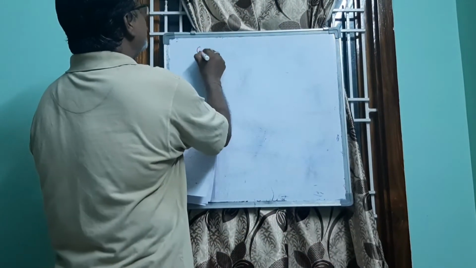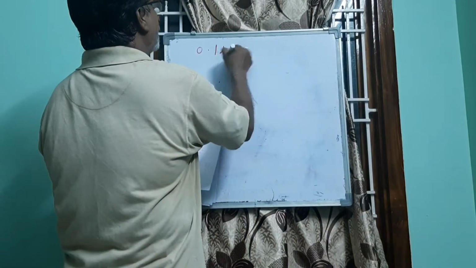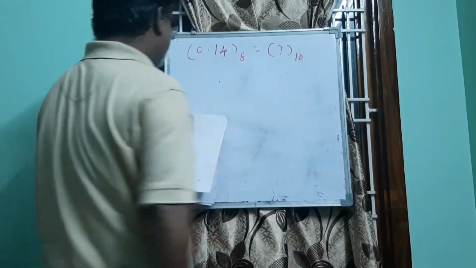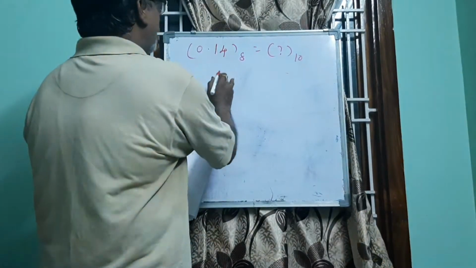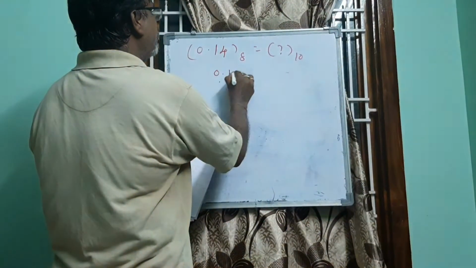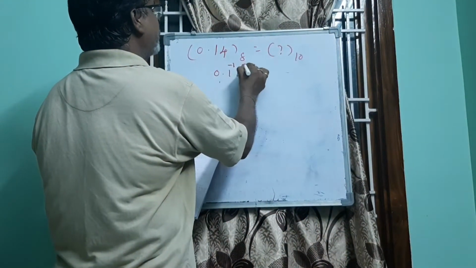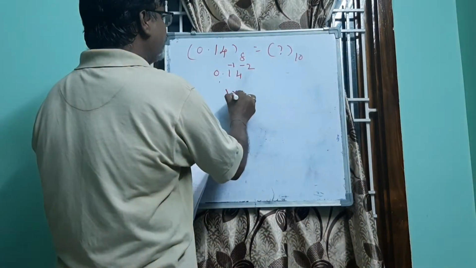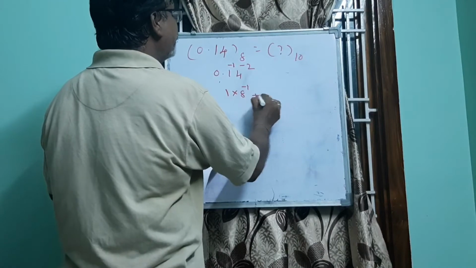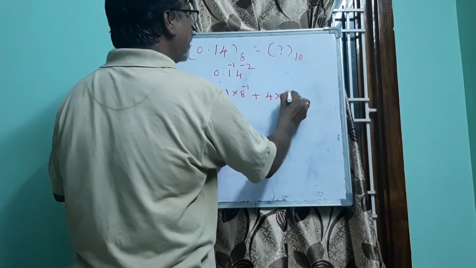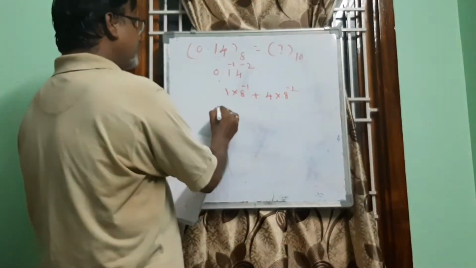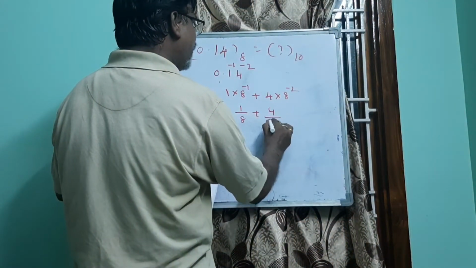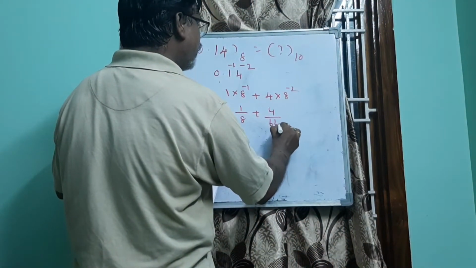We take 0.14 base 8 to decimal base 10. As usual, 0.14, the positions are -1, -2. So 1 into 8 power -1 plus 4 into 8 power -2. So this is 1 by 8 plus 4 by 64.